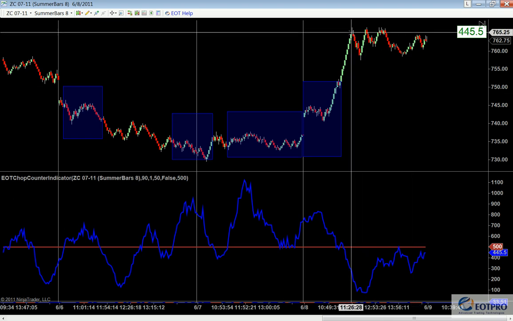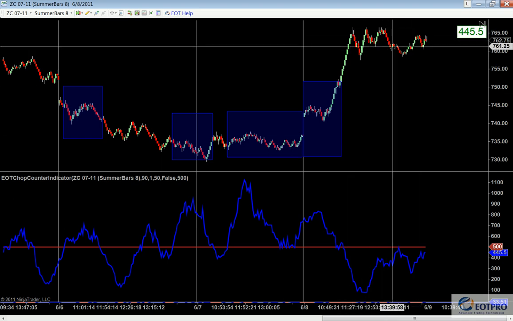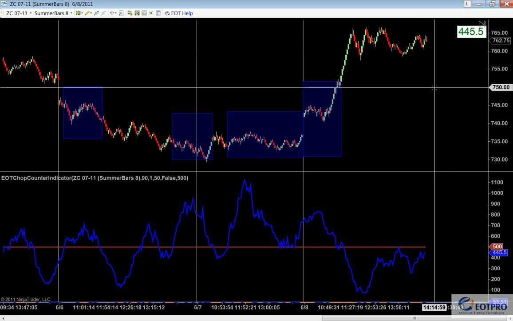Like up here, this oscillation up here, that would be considered, in my opinion, high level chop. We did a lot of work to try and control chop, and it does a very, very good job at telling you, hey, it's choppy.